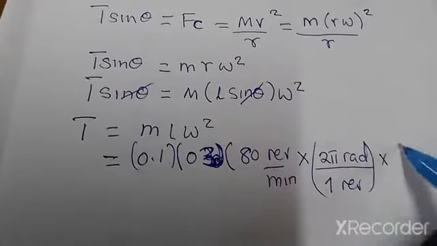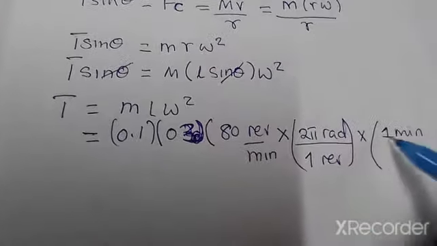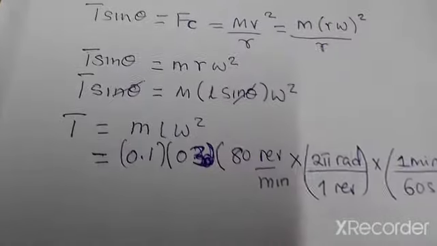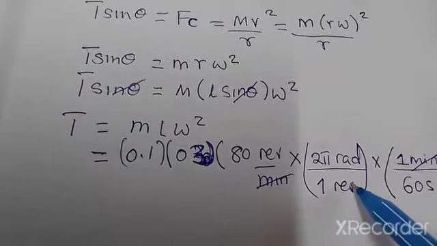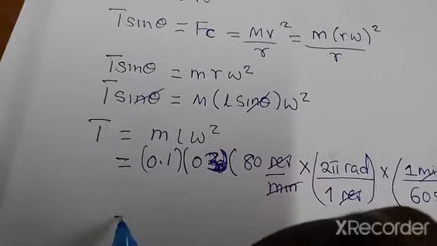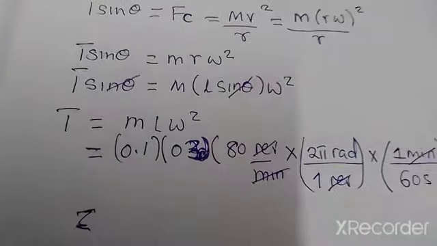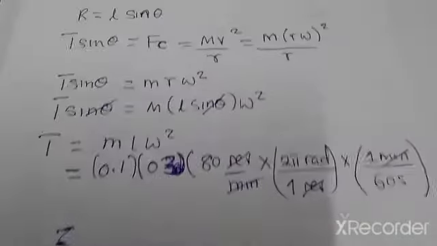Then we multiply by 1 minute divided by 60 seconds. So the minute divides with the minute, the revolutions divide with the revolutions, and then we are going to have to calculate that.